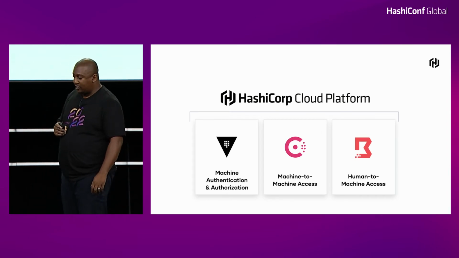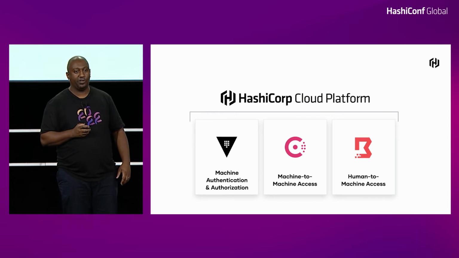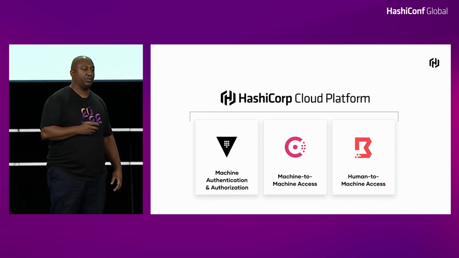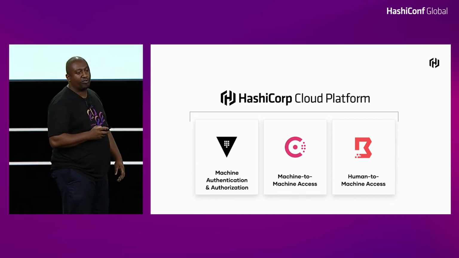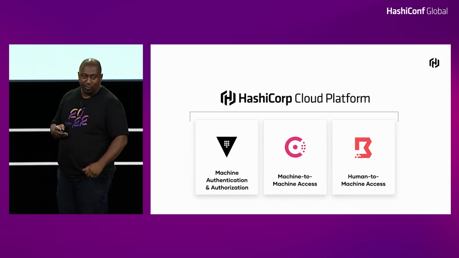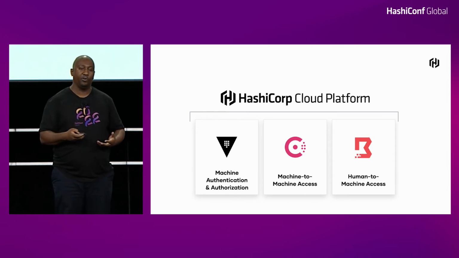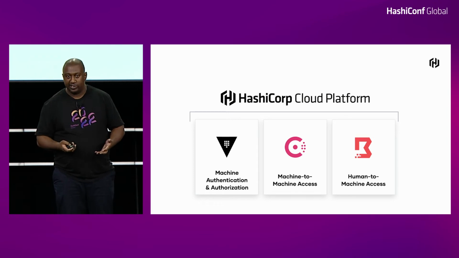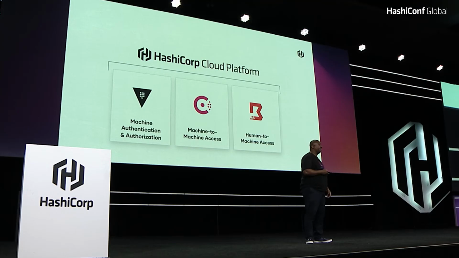So if you think about HashiCorp Cloud Platform, there are 3 tools on there that can help us implement zero trust, right? So when we talk about machine authentication and authorization, that's concerned with Vault. Again, Armon did a fantastic job in the keynote explaining the business value of Vault, how we can use it to broker identities on behalf of platforms for our applications, right?